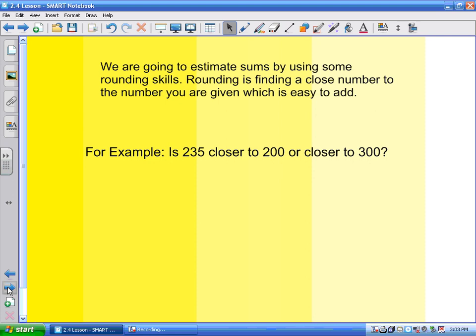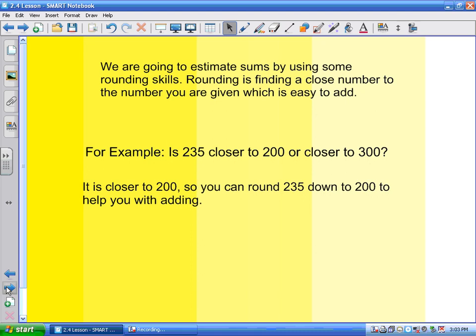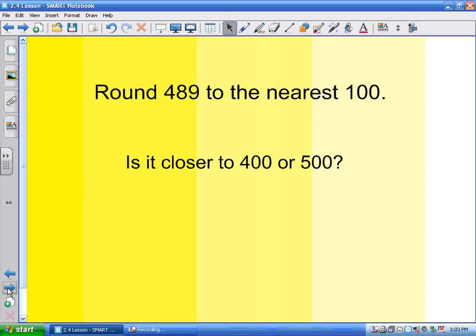All right. What's halfway between 200 and 300, Tristan? 250. So you can use that as a guideline, right? Is 235 greater than 250? It would be closer to 300. If 235 is less than 250, it's going to be closer to 200, right? So it's closer to 200. So you can round 235 down to 200 when you want to help add things, because 200 is easy.